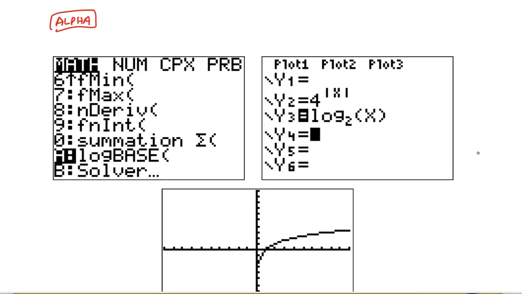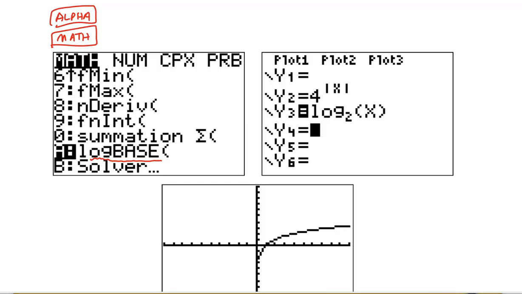And then you'll have the math button right under that. And it'll bring this menu up, and you got to scroll all the way down towards the bottom, and log base allows you to designate any base you want. Now, only the newer ones would have that setup in order to use like a base of 2.